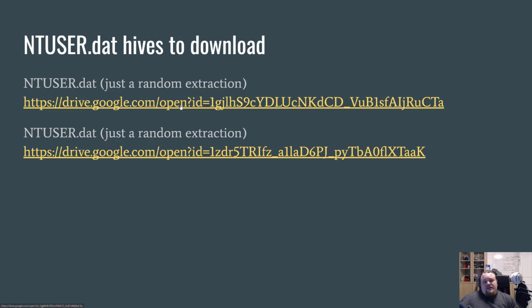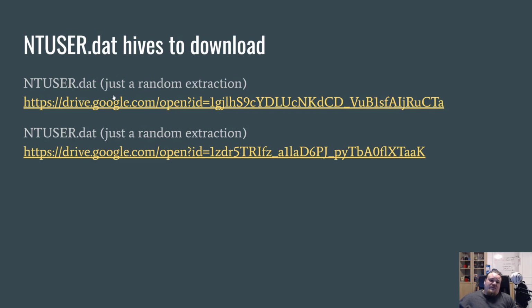I know these links you need to type them, but these files here are some random extractions from an operating system at some point in time. It's very old. I suggest you go ahead and extract your own ones. So watching the videos in the order that I upload them for this particular course would probably be the best idea.